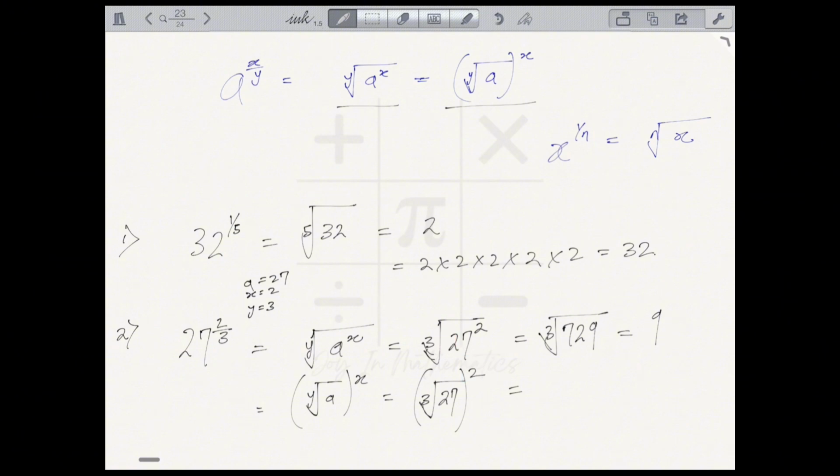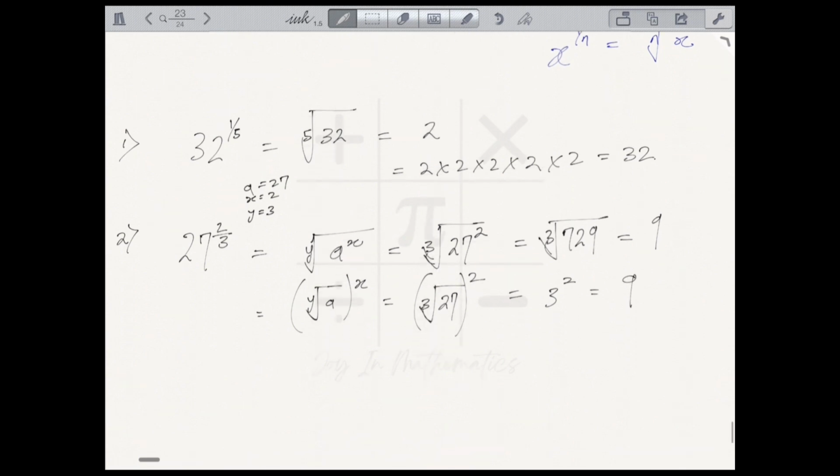The cube root of 27 is 3, because 3 times 3 times 3 gives us 27. So we will have 3 squared, and this gives us 9. Whichever way we go, we arrive at the same answer.